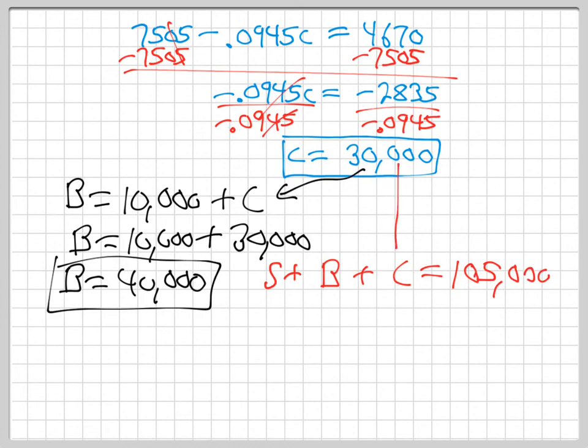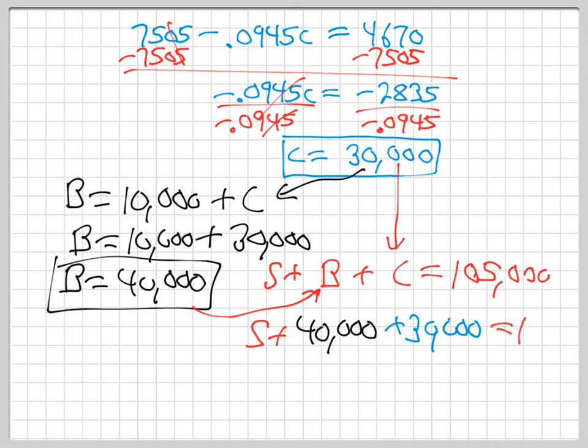So if you plug in 40,000 for bonds and 30,000 for CDs, you get S plus 40,000 plus 30,000 equals 105,000. You add those up.